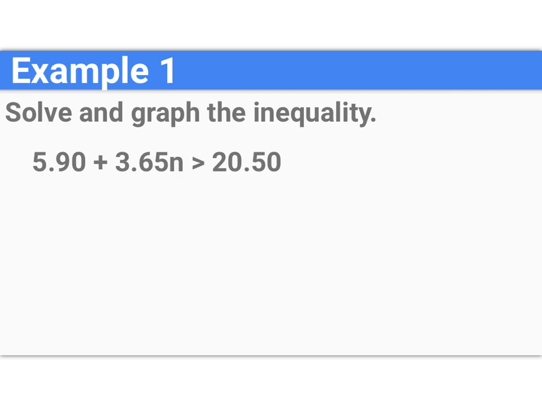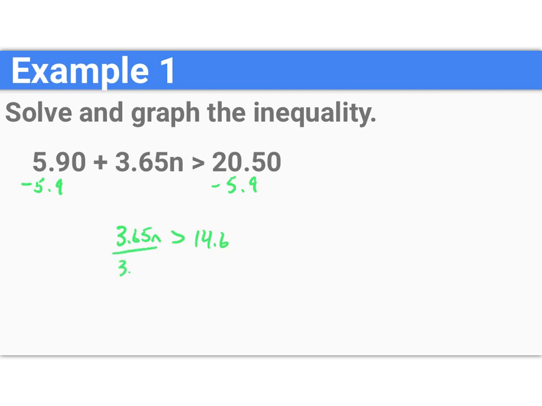Okay, so let's look at our first problem. Well, everything's a decimal, so we can just go ahead and solve it. We can subtract 5.9 from both sides. 5.9 subtracted from both sides, 3.65n is greater than 20.5 minus 5.9 is 14.6.